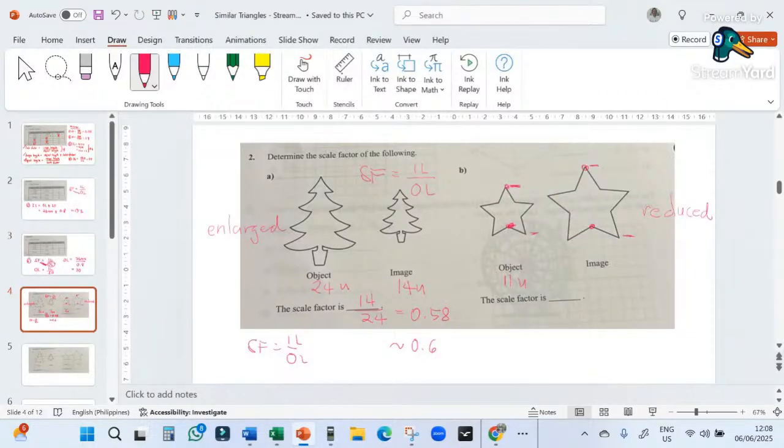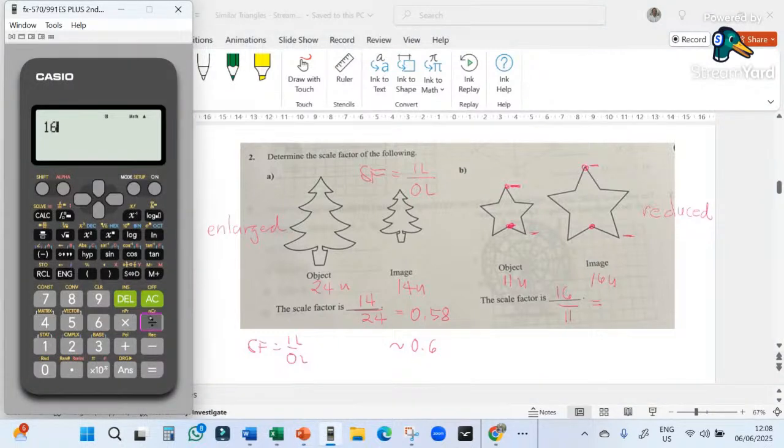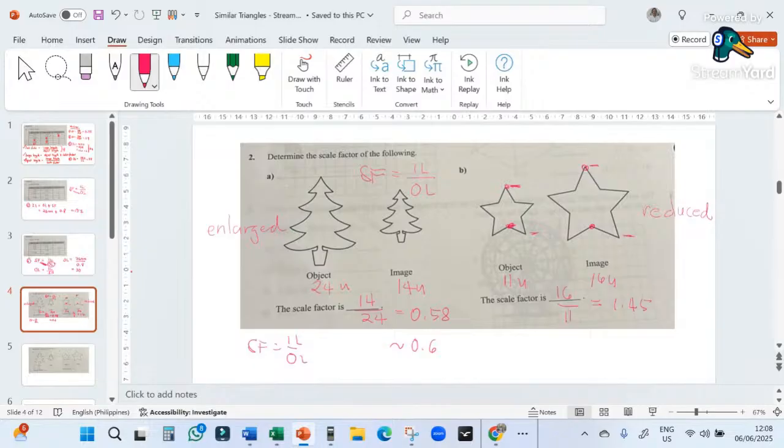So that is 16 units. Image is 16, object is 11, so that would be 16 divided by 11, which is 1.45, or approximately 1.5. So these are the scale factors of the first one and the second one. Okay, let's save that and move to the next set of questions.